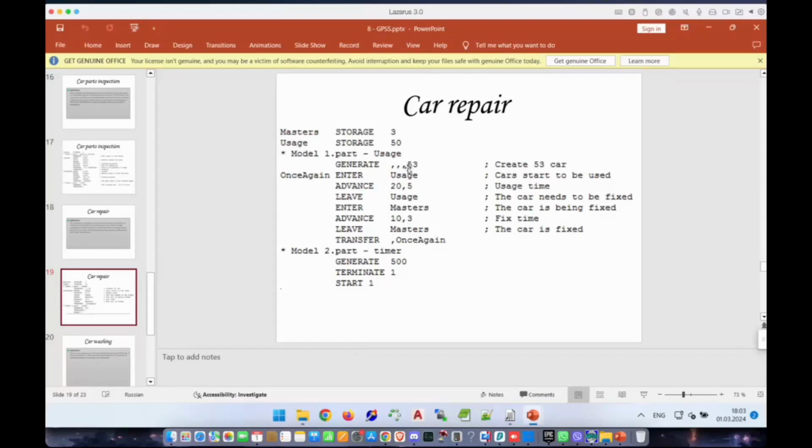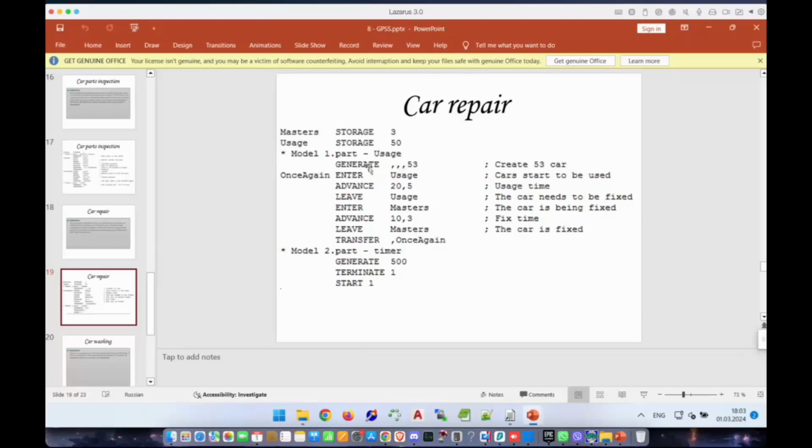Then we generate 53 machines at once, and since we don't have an average time, a time dispersion, or a first appearance time, all these 53 machines will be generated at once when the simulation starts.